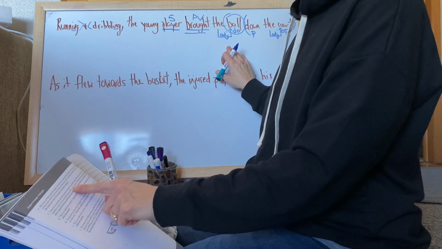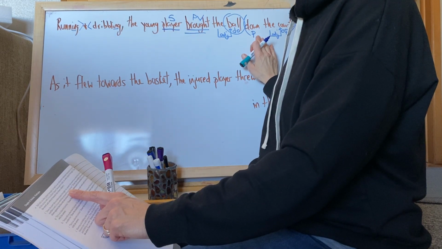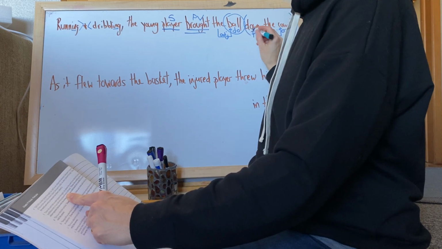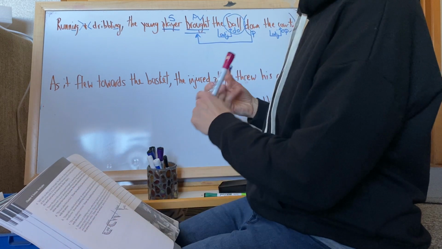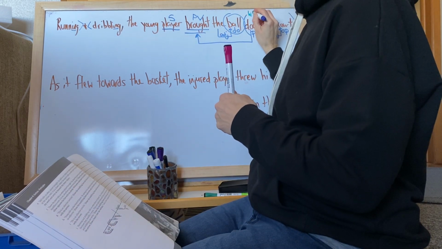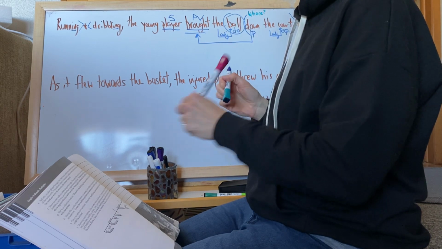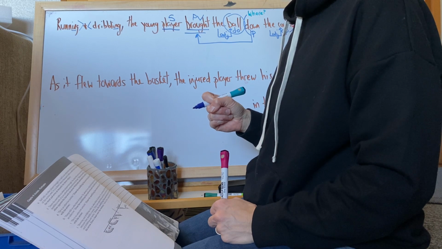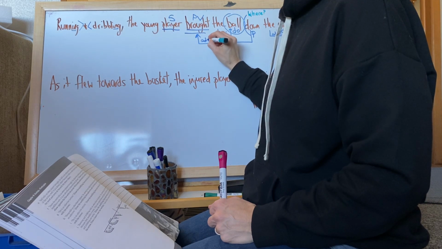Down the court, so we're modifying from right to left. Down the court is telling us where he brought. It's answering the question where. Where did he bring the ball? Down the court. So is it adverbial or adjectival? Adverbial. Adverbial prepositional phrase.